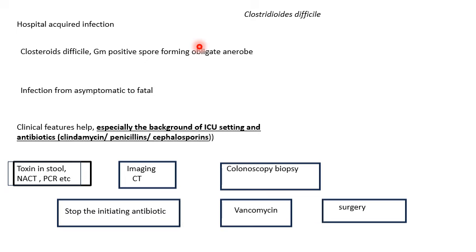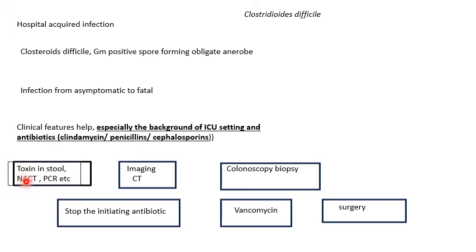So, a very quick summary. It's a hospital-acquired infection most of the time. You can get it in the community. It is a gram-positive spore-forming obligate anaerobe, so difficult to culture. Infection can be from asymptomatic to fatal. Especially in an ICU setting and antibiotics, think of Clostridium difficile.